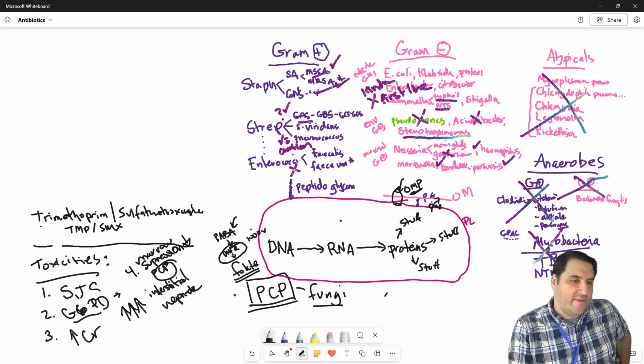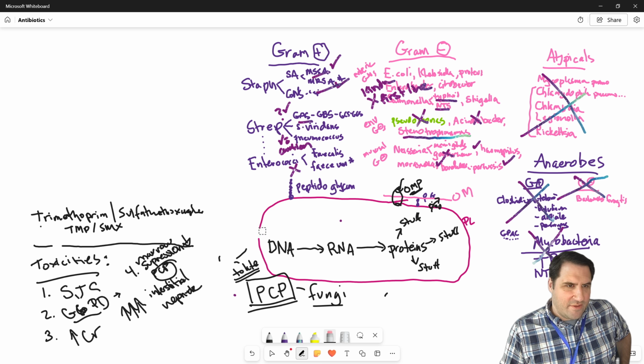And so you will see some inhibition there because it can bind. All right, and I think that's pretty good. So that is trimethoprim sulfa.